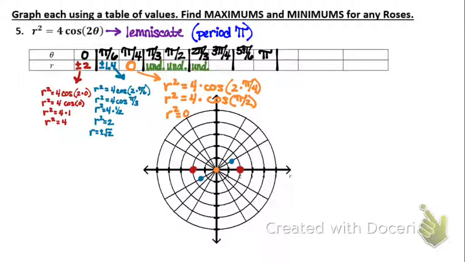Is the next one undefined? Why not? 0. It's 0. Why is it 0? Cosine of pi over 2 is 0. 3 pi over 4 times 2 is 3 pi over 2. And so I get a 0 here. What about with 5 pi over 6?